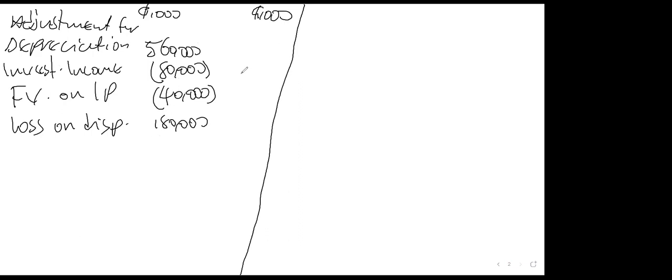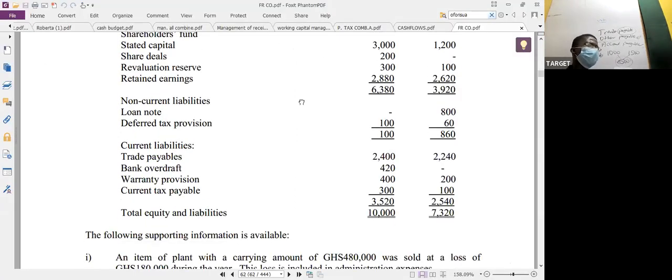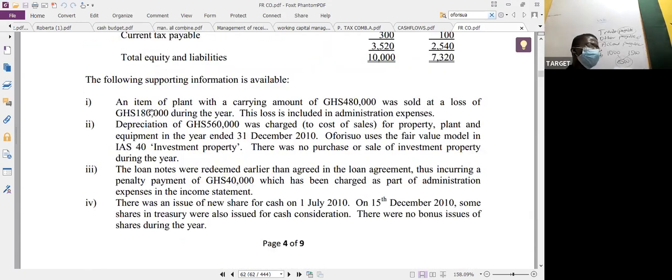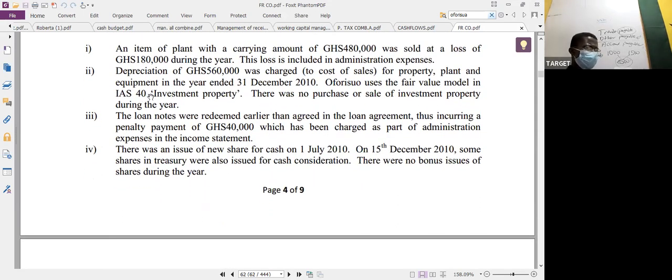So I'm done with this section. Let's go to the footnotes. Anywhere they mention admin, let's go to the footnote. We have treated this loss of 180,000, that's note 1. Depreciation and investment property, we have touched.